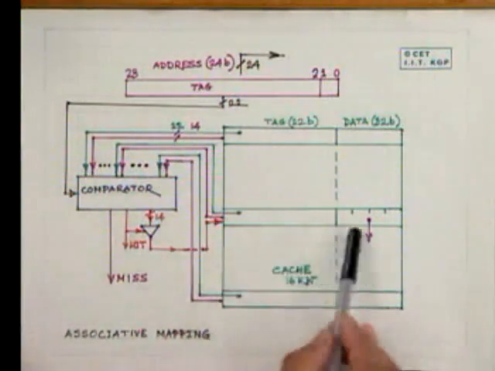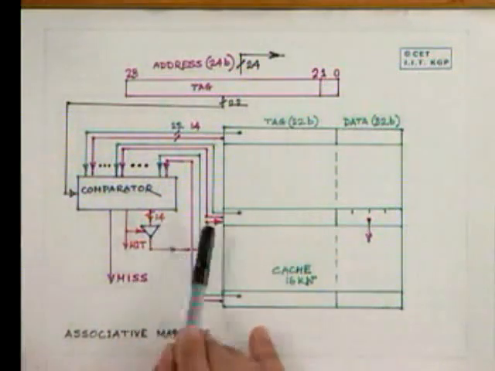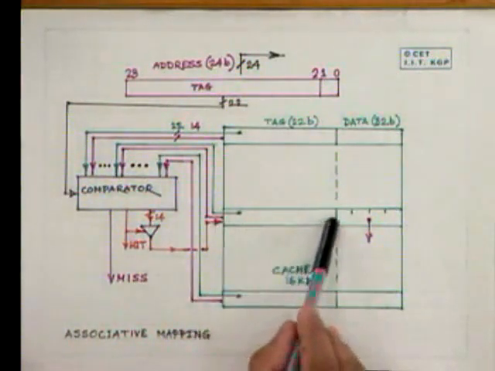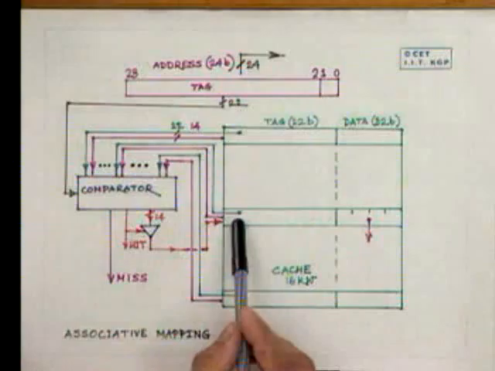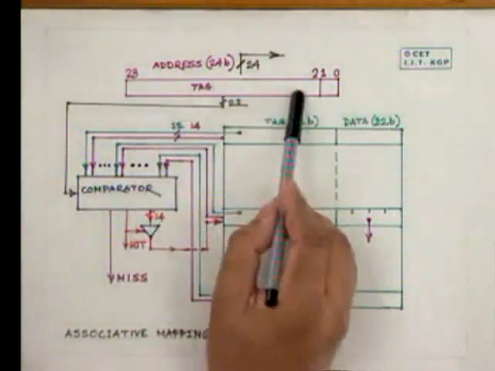Now, how do you take out the content of the cache memory? How will you know which particular content has matched this address?